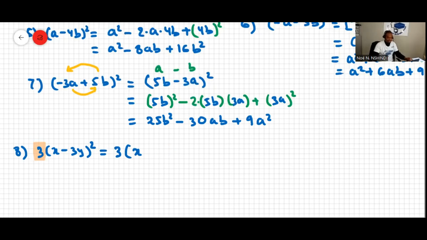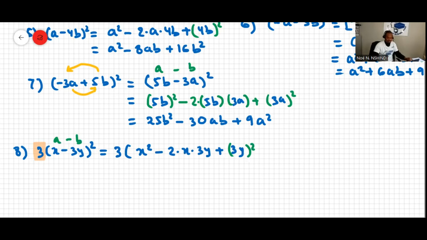You can just write x squared, because the formula I will apply is for what is in the brackets here, where this is my a and that is my b, and a minus b in the bracket raised to the power of 2. So it's going to be a squared minus 2 times x times 3y, plus 3y squared, 3y raised to the power of 2.